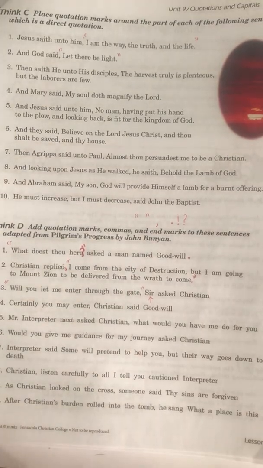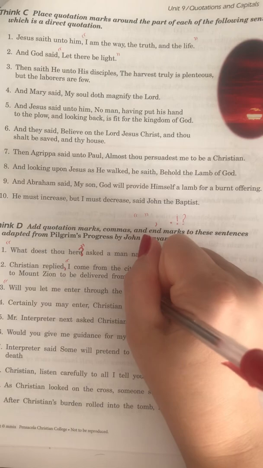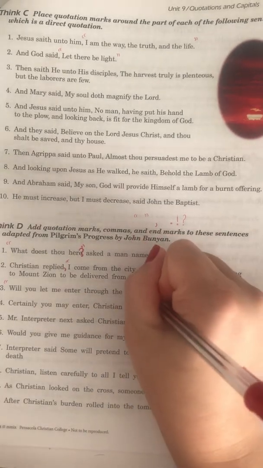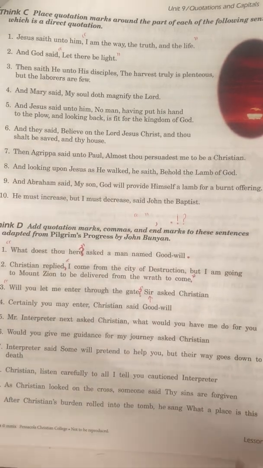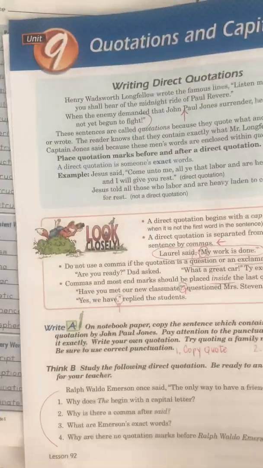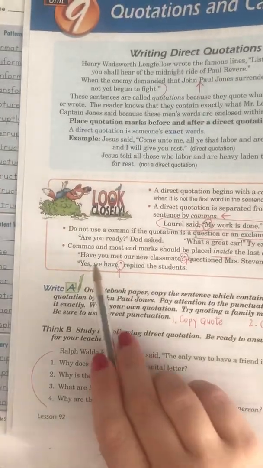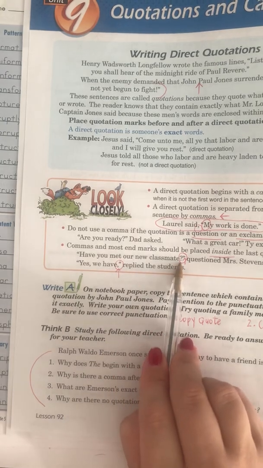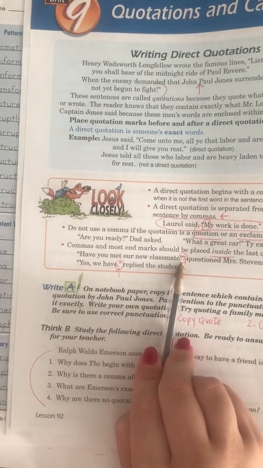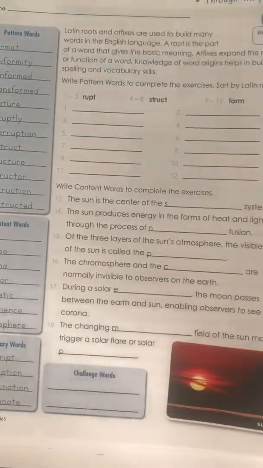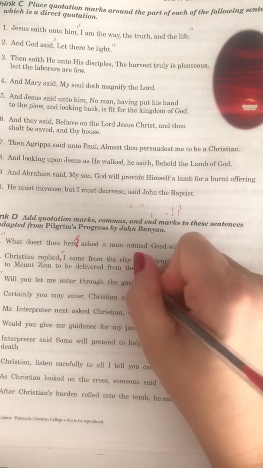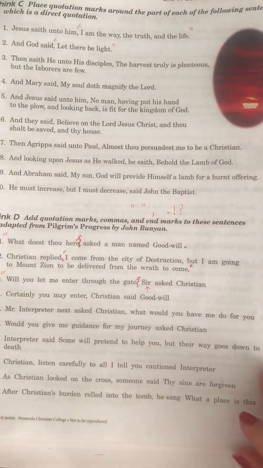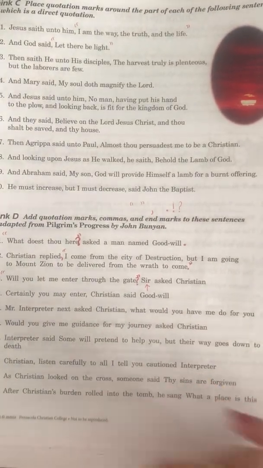And even though they put a comma here, like I was tricked on number 1, it is actually a question mark. So of course we would go here and check it out. Notice here, "Have you met our new classmate?" Question mark. So definitely there should not have been a comma there, even if you see one. Question mark and quotes. So you're going to complete this from numbers 4 through 10.